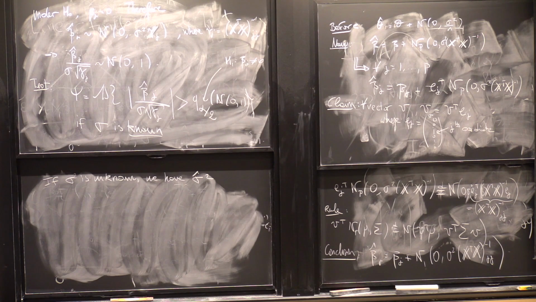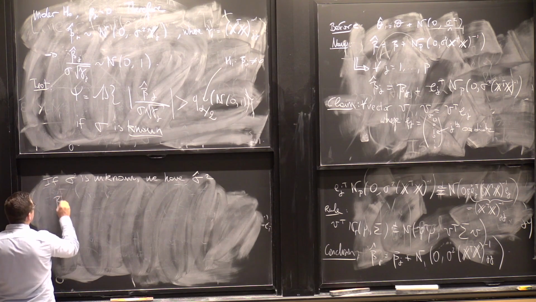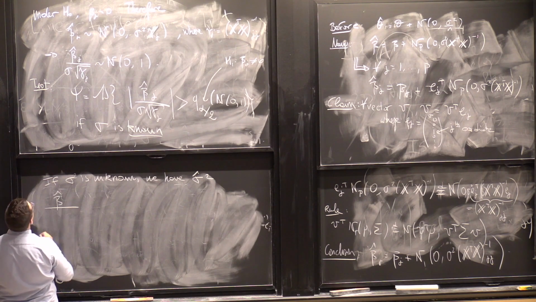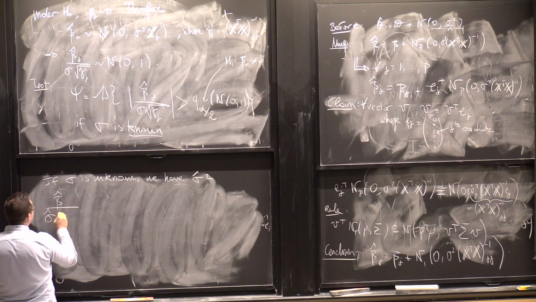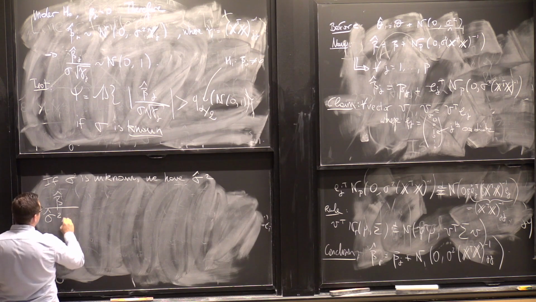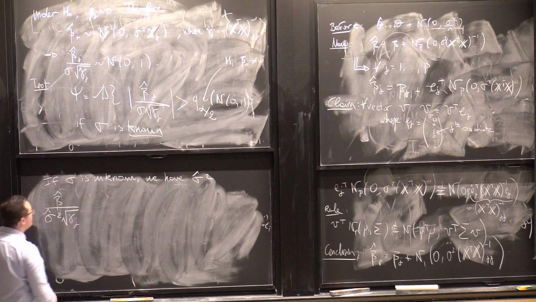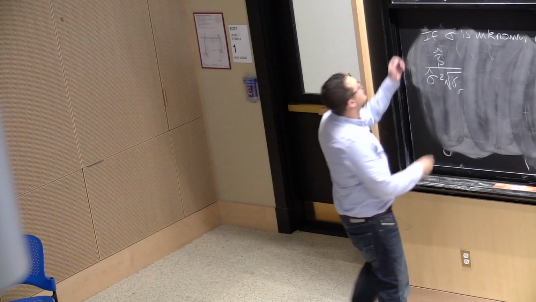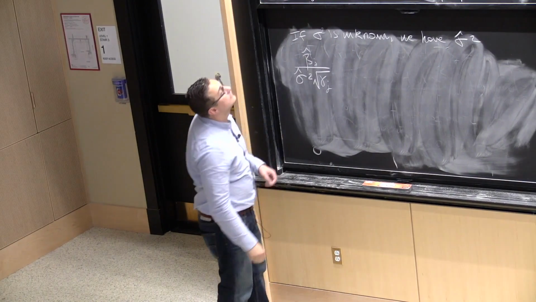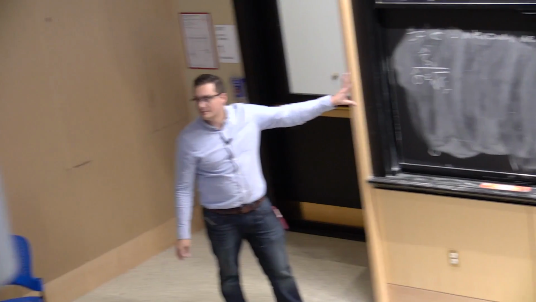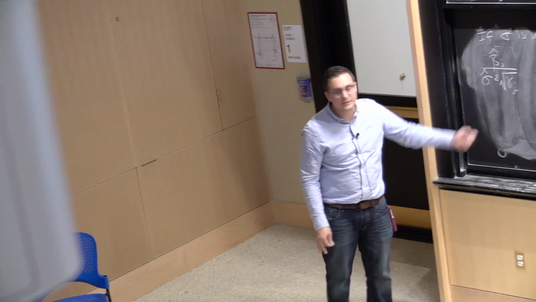So in particular, beta hat j divided by sigma hat times square root gamma j is something I can compute. Agreed?